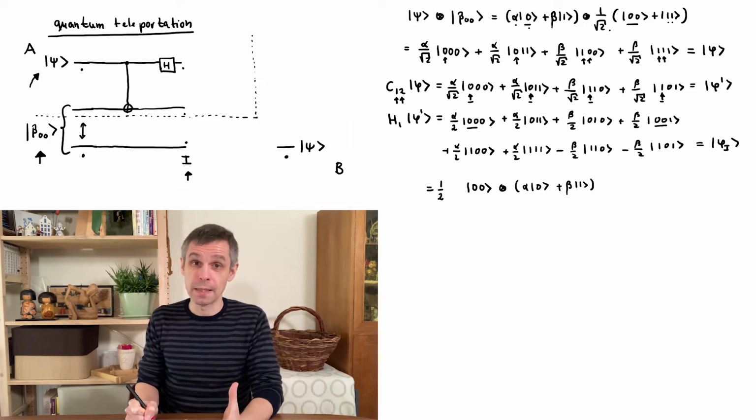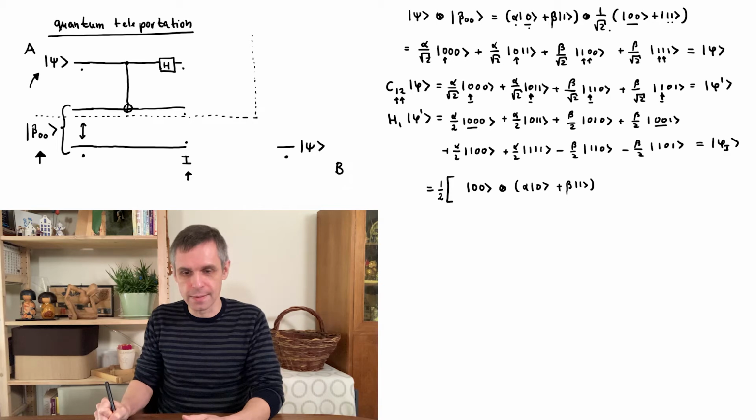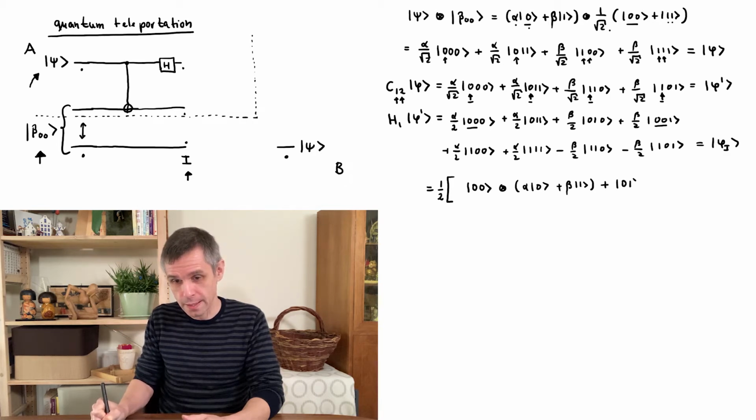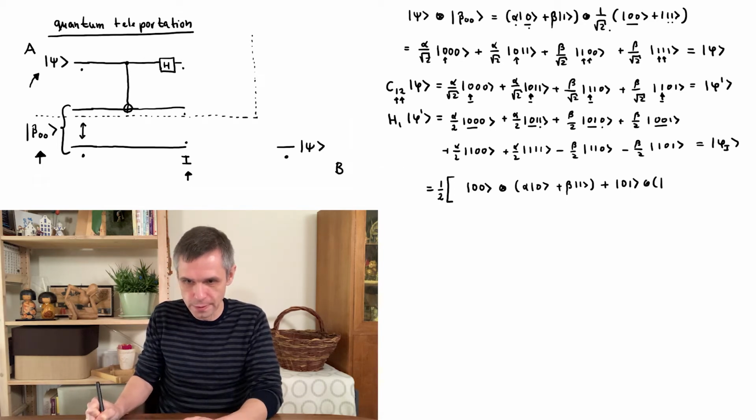Well, this factor 1/2 appears in all of the expressions, so let us factor it out completely. And then let's continue to see what happens if Alice's qubits are actually in the state 0, 1. Well, this corresponds to these two cases here. And then Bob's qubit has a beta in front of the 0 and an alpha in front of the 1. So we can write this in the following form.